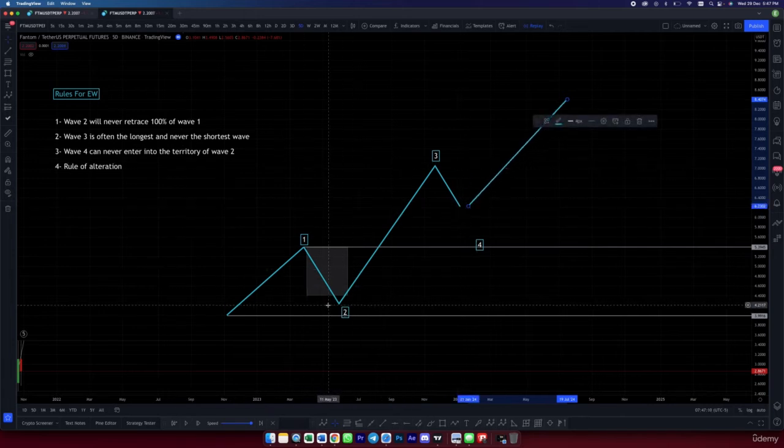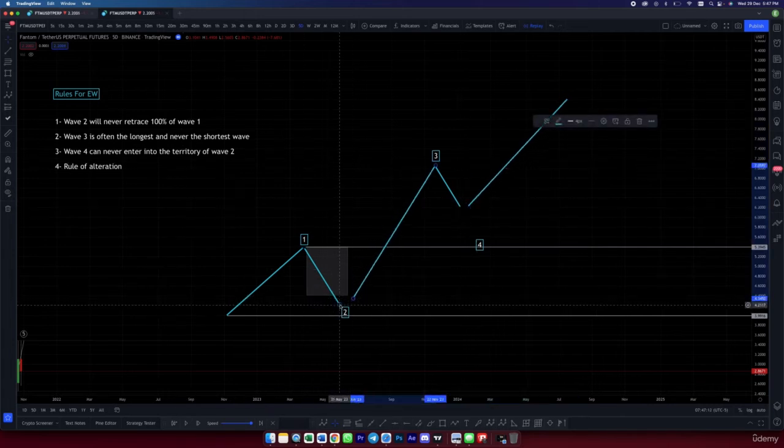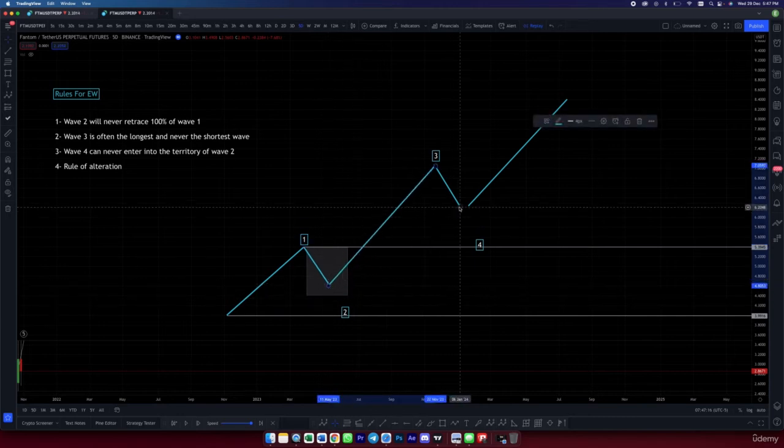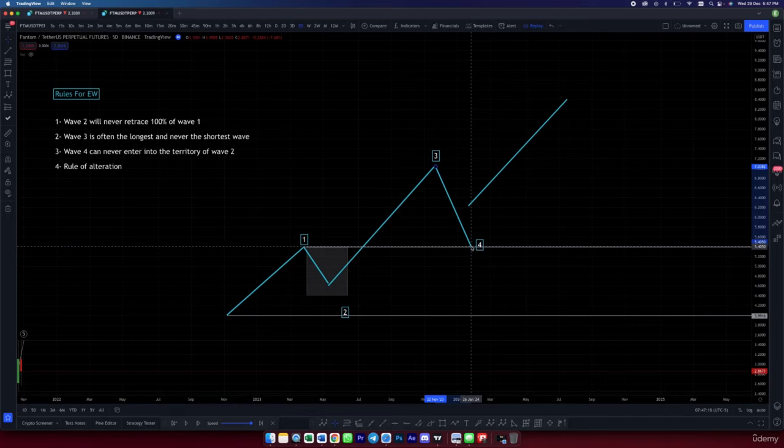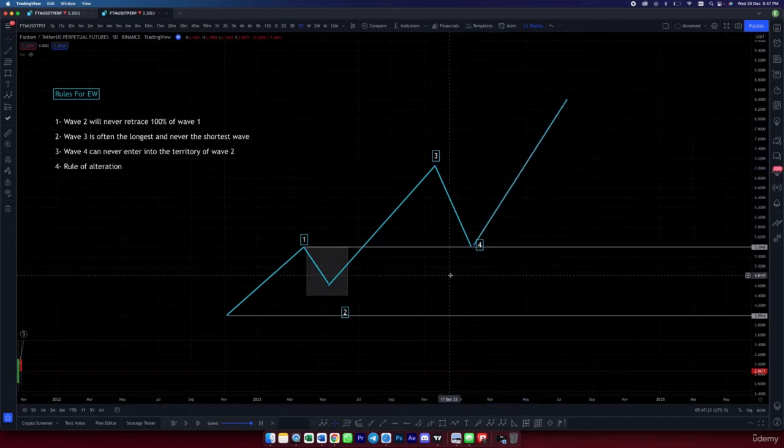Alternatively, if wave 2 did a shallow correction, you can expect wave 4 to do a deeper correction, but it will not enter into the territory of wave 2.